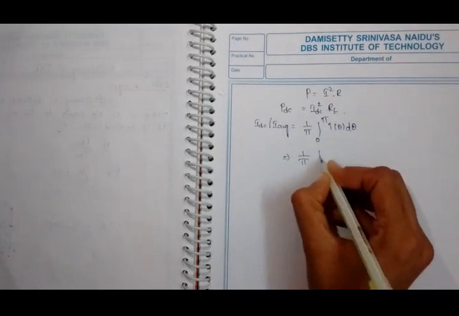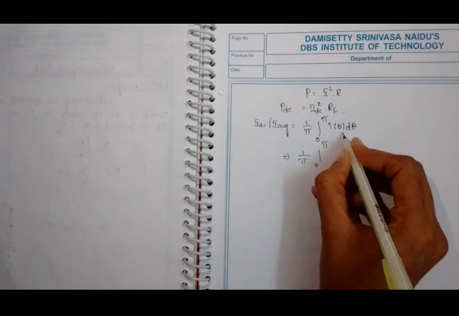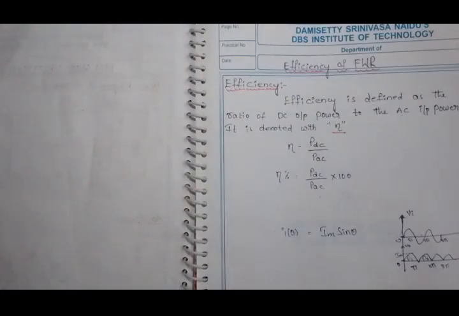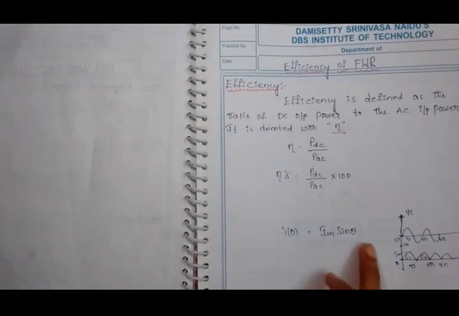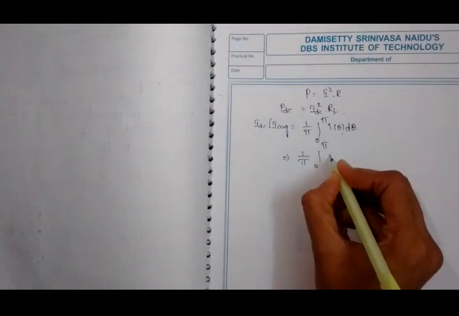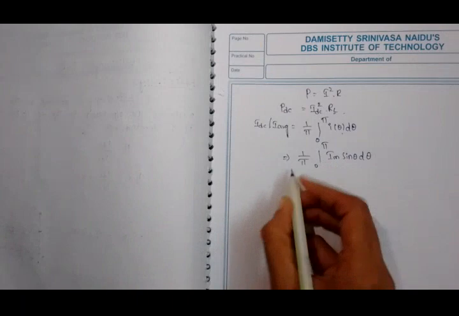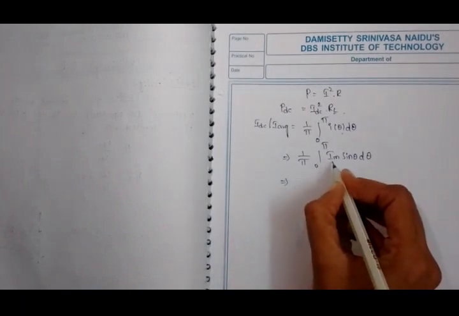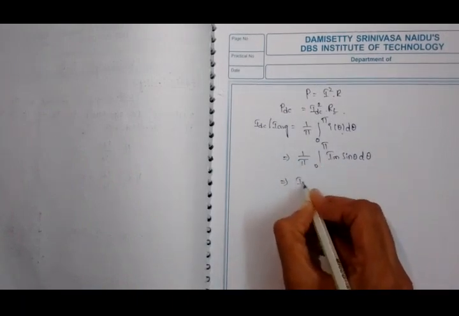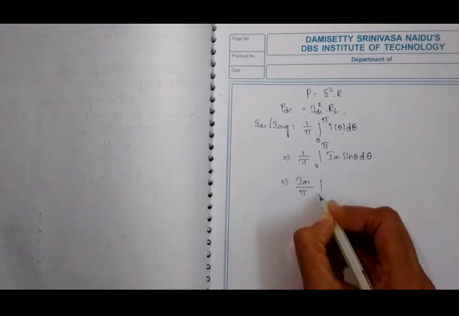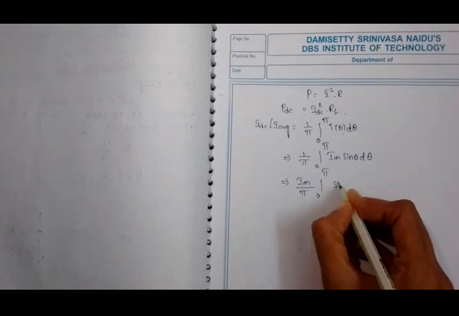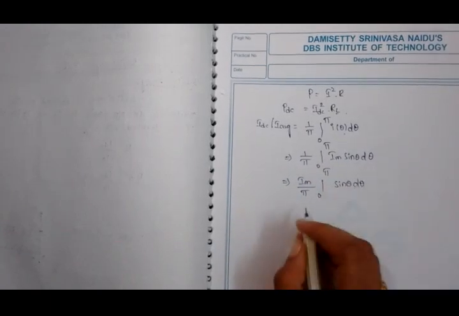1 by pi integral 0 to pi I of theta. Just now I said we can write I of theta is equal to Im sin theta. So I am writing here Im sin theta d theta. Im is constant, so I am writing before the integral, Im by pi integral 0 to pi sin theta d theta.